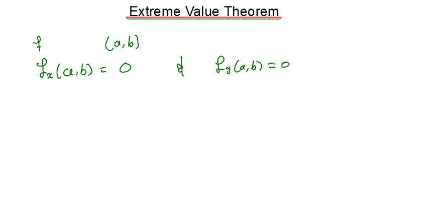Now, to test for relative extrema, remember that when you say relative extrema, you're trying to determine whether it is a relative min, a relative max, or perhaps you have saddle points. We are going to be using the discriminant.